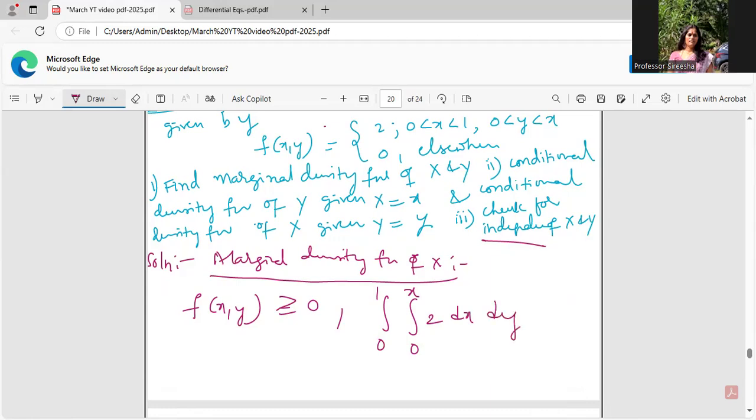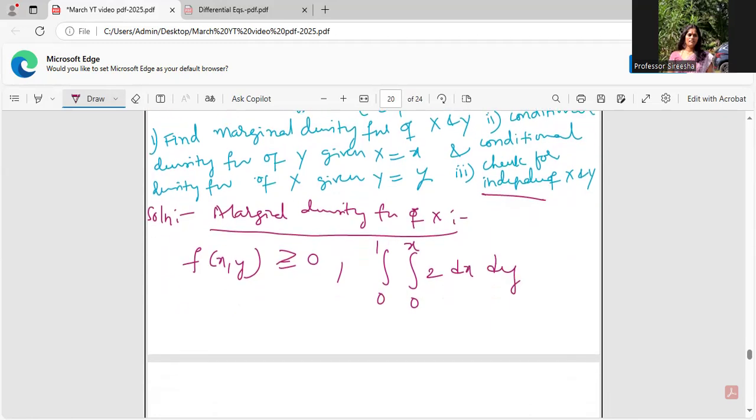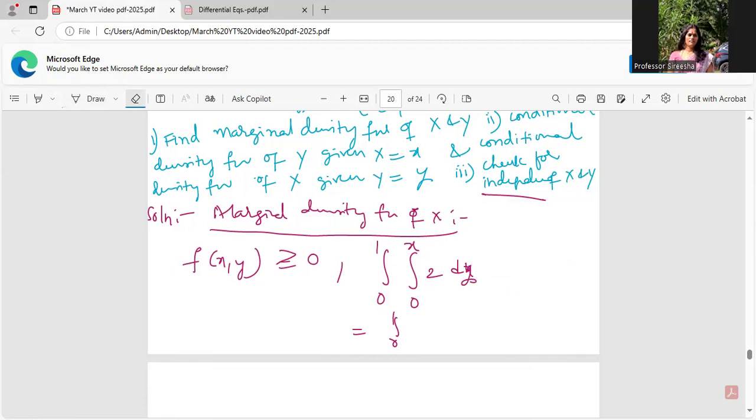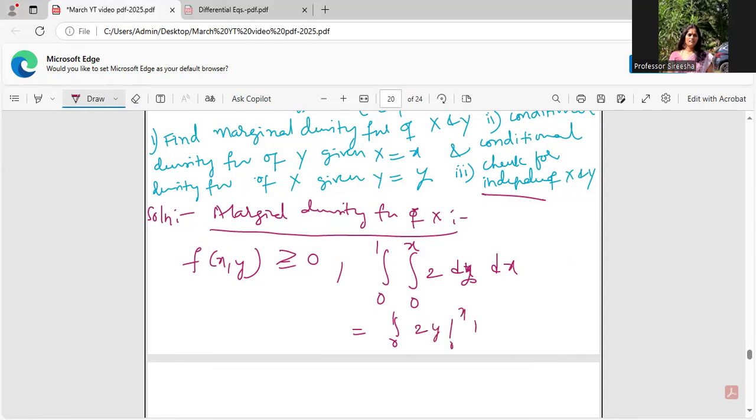Of course, guys, you can plot the region of integration and go ahead. Otherwise, normally first you finish off doing the integral 0 to 1. This should be dy dx actually, because the inner limits are functions of x. So dy should come and then dx. So 2y from the limits 0 to x, and dx.